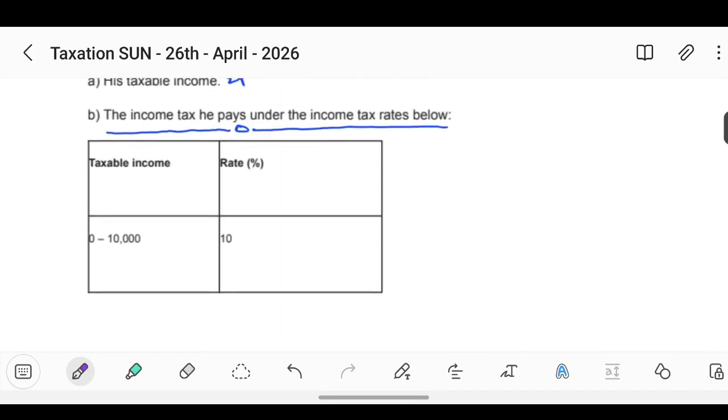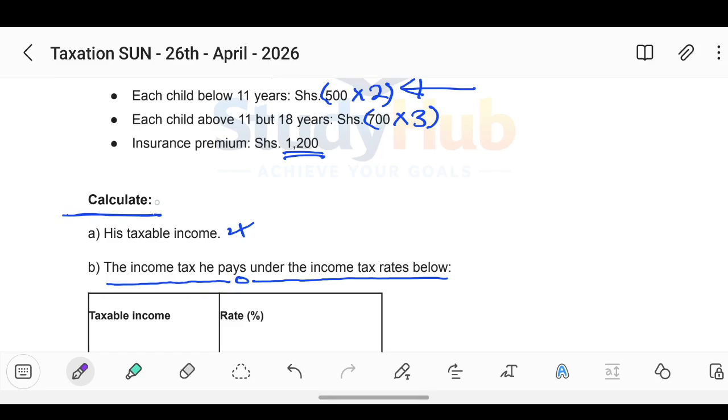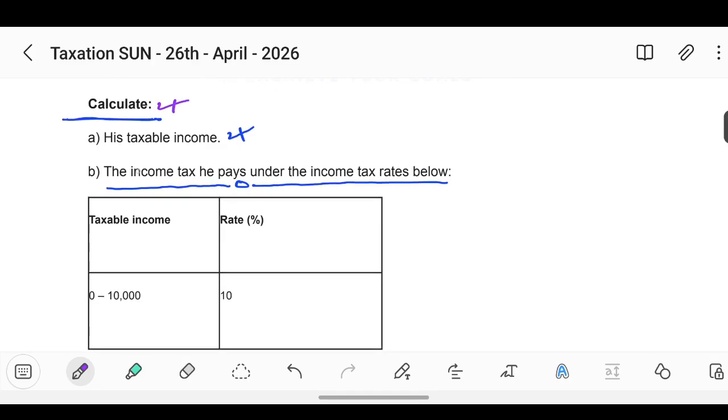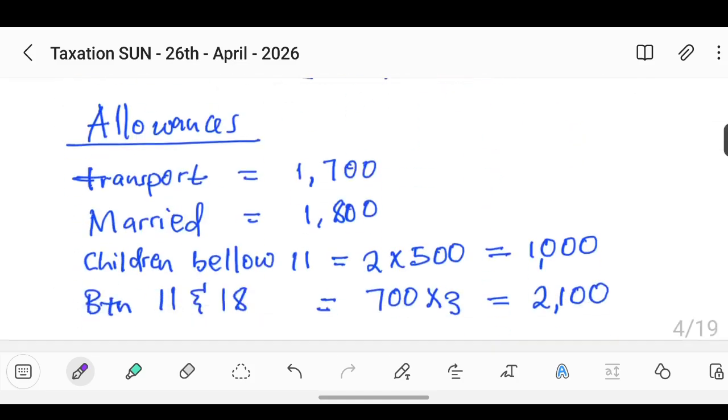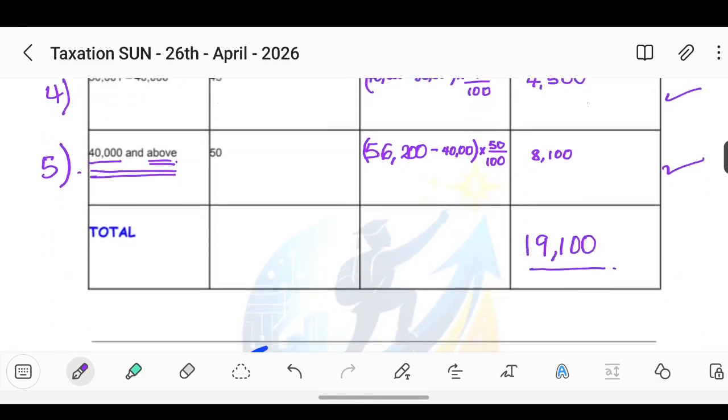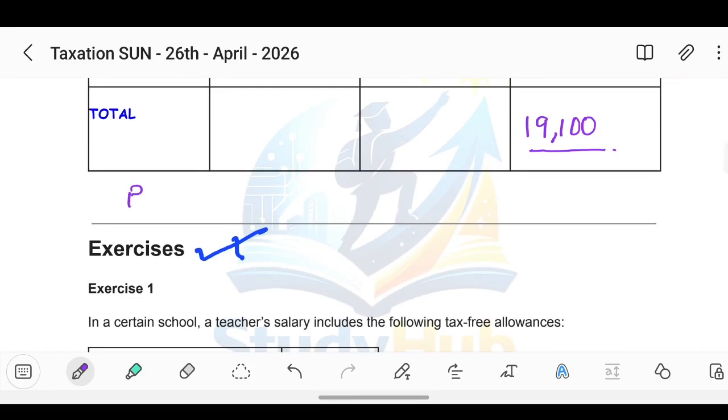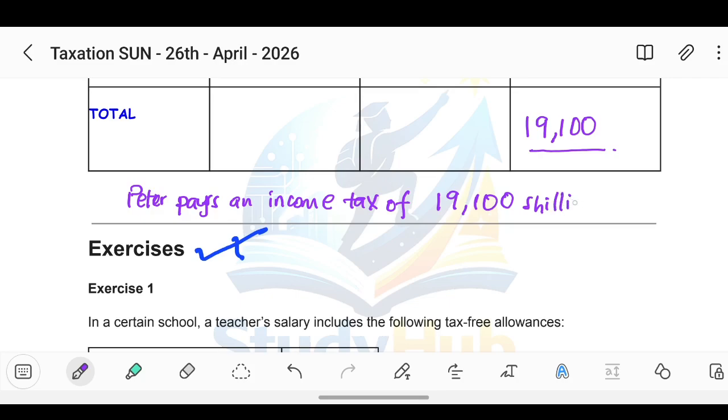So we shall conclude by saying Peter pays an income tax of 19,100 shillings. So that's it.